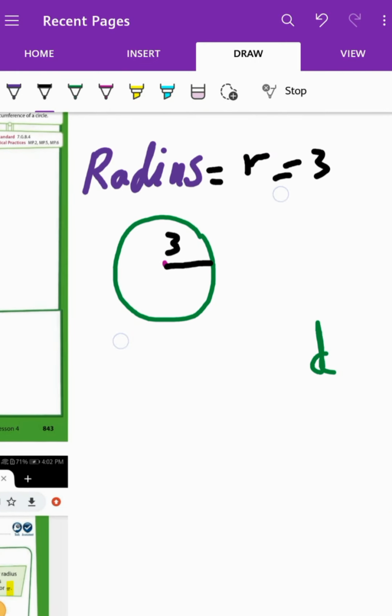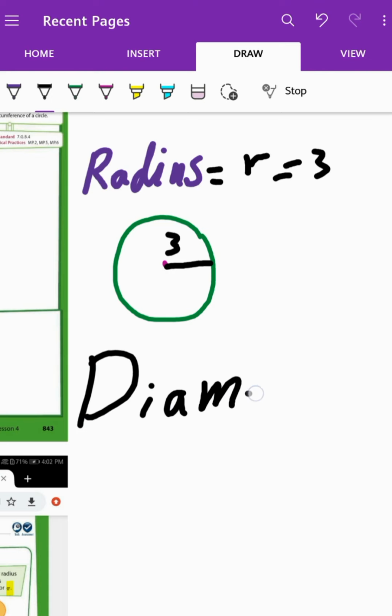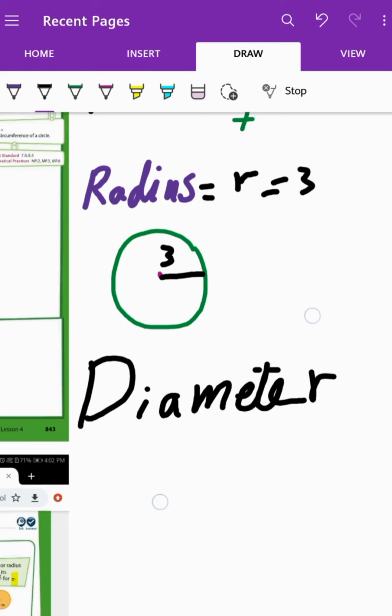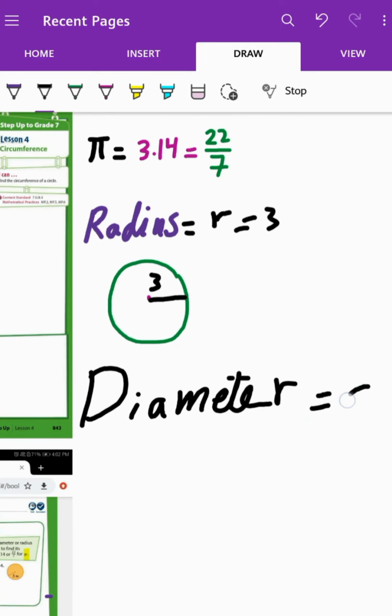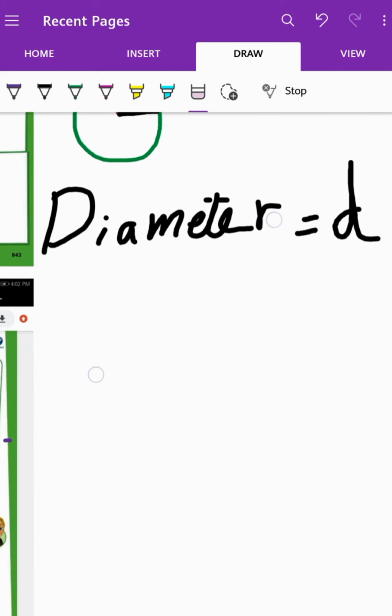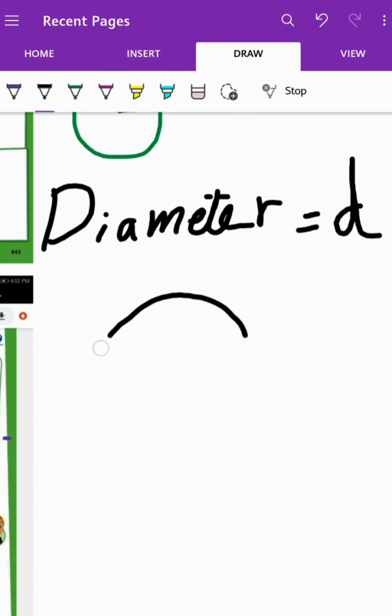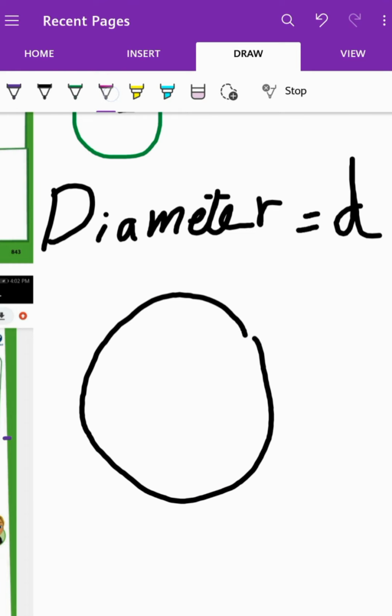Now we have the third concept, called diameter. We can call it d. Now I draw a circle, let me draw it well to show you what the diameter is. The diameter is the double of the radius.